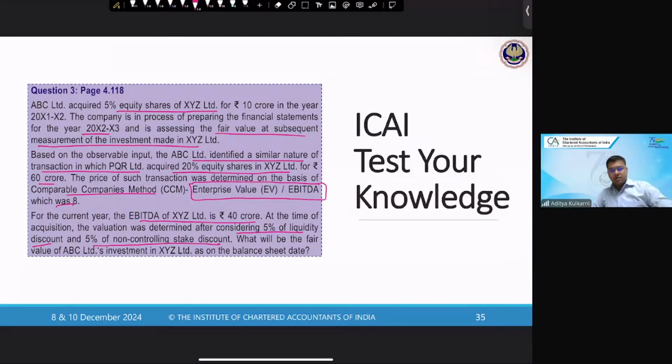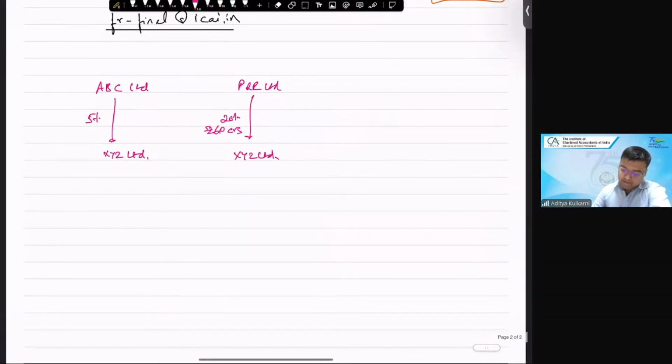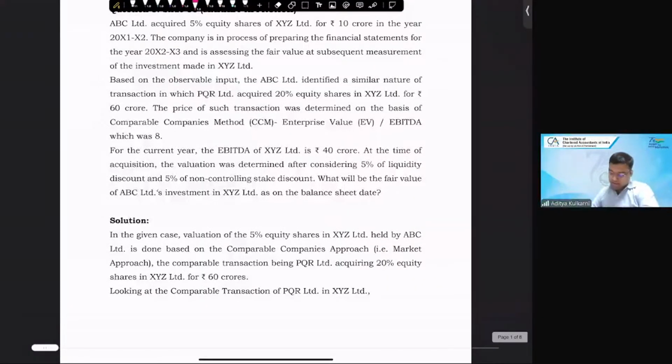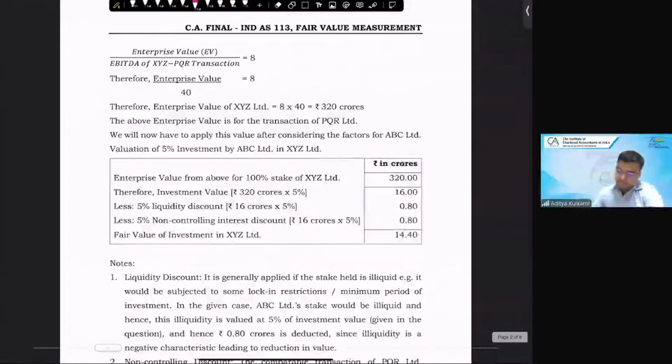Now, the price of such a transaction was determined on the basis of comparable companies method, enterprise value by EBITDA, which was 8. So now let us come back to this. EV by EBITDA value is 8.